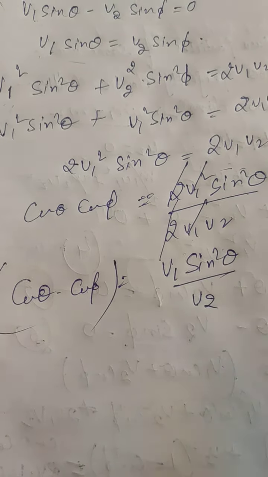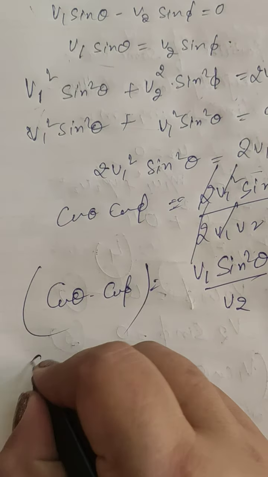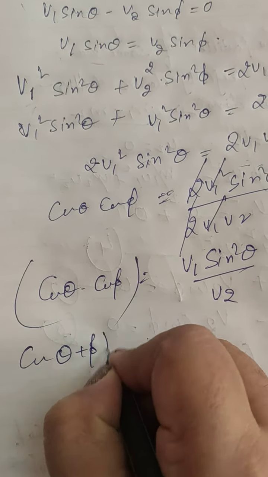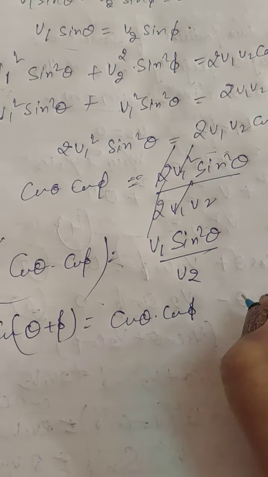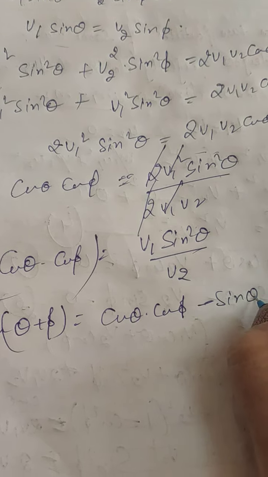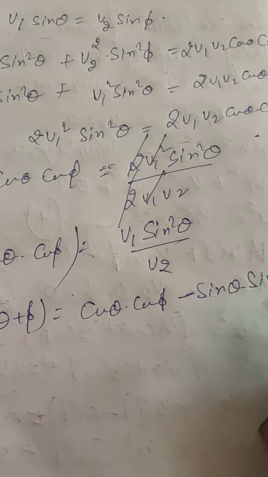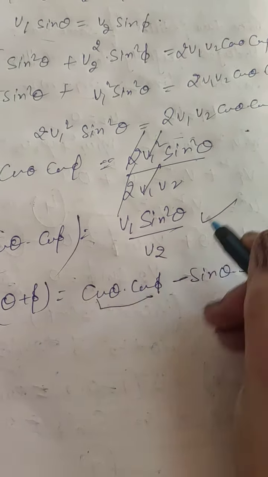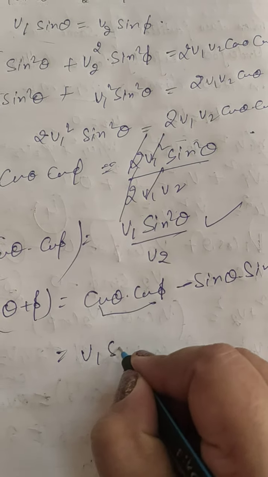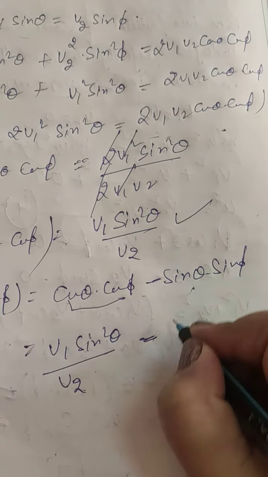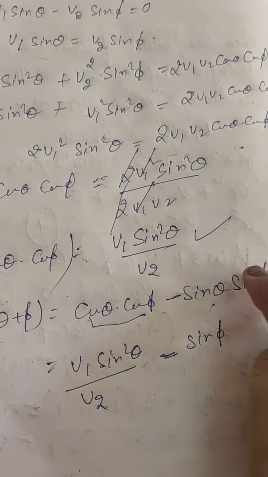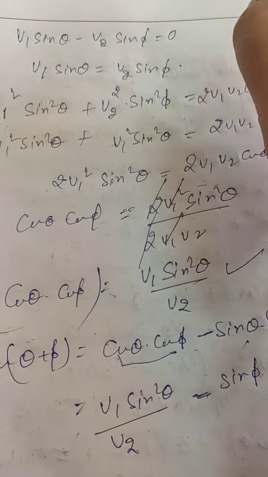Now next we know that cos of theta plus phi formula is cos theta cos phi minus sin theta sin phi. Okay, so this value can be put from here. This is v1 sin square theta upon v2. Now minus sin theta we are already having, and sin phi we can get from here.